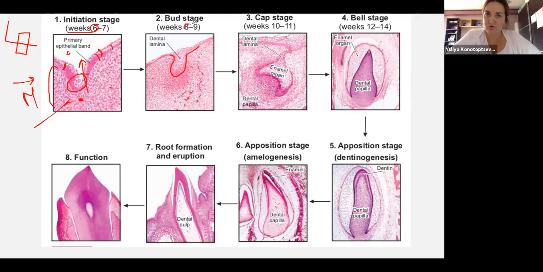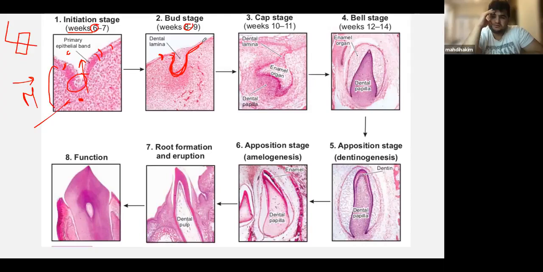By week 8, you can see that this ectoderm is fully inside the mesenchyme, and it gives rise to this bud-like structure. My question to you: in total, how many buds are you expecting? 32.